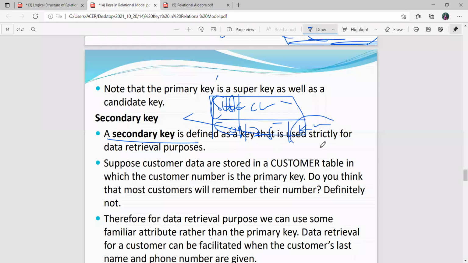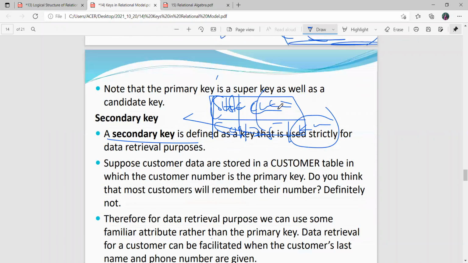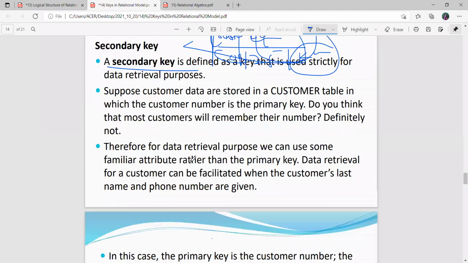So you can use the last name to find this customer within the database. Therefore, this kind of attribute is known as a secondary key. For data retrieval purposes, we can use a familiar attribute rather than the primary key. This familiar attribute is known as a secondary key.